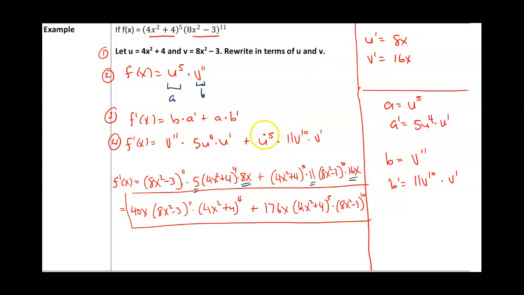And then I have my u to the 5th. So u is over here, 4x squared plus 4. So that's u to the 5th. Plus 11 times my v to the 10th times my v prime. And then you can multiply 5 and 8x because they're both on the outside of the parentheses. That gives you 40x. You can multiply 11 times 16x. That gives you 176x.